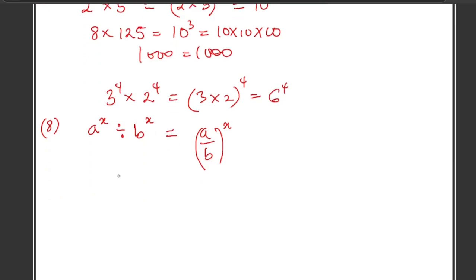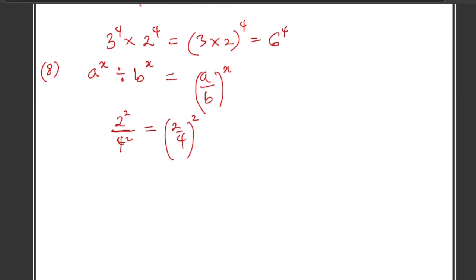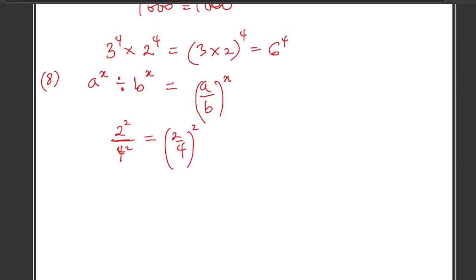Then in another example you have 2 squared over 4 squared. This is a division sign, so it becomes 2 over 4, all to the power 2. And mind you, the power here can also be a fractional power.